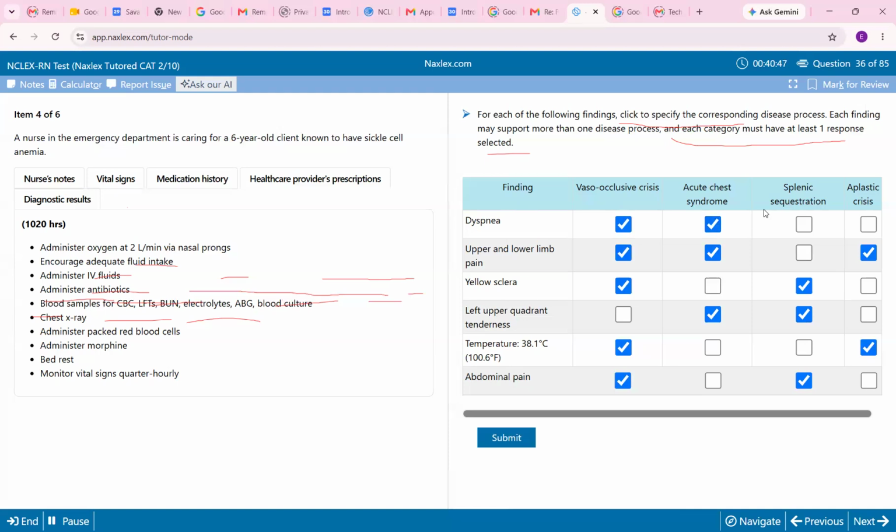And also aplastic crisis, because there is decreased production of RBCs, it can lead to hypoxia. Dyspnea can occur, of course. Maybe it can occur. What about splenic sequestration? No, I don't think so. Okay. Then upper and lower limb pain.